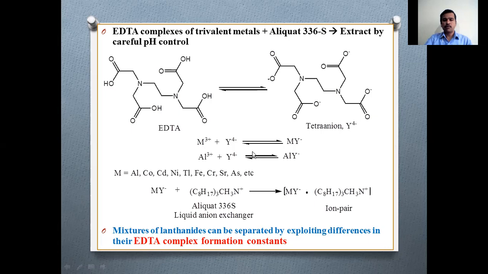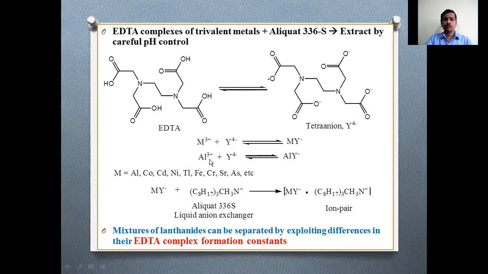Provided the pH is controlled carefully, trivalent metals will react with the tetraanionic form of EDTA to form a metal EDTA complex. So the metal EDTA complex will be carrying a one minus charge here. Minus one means it is monoanionic.